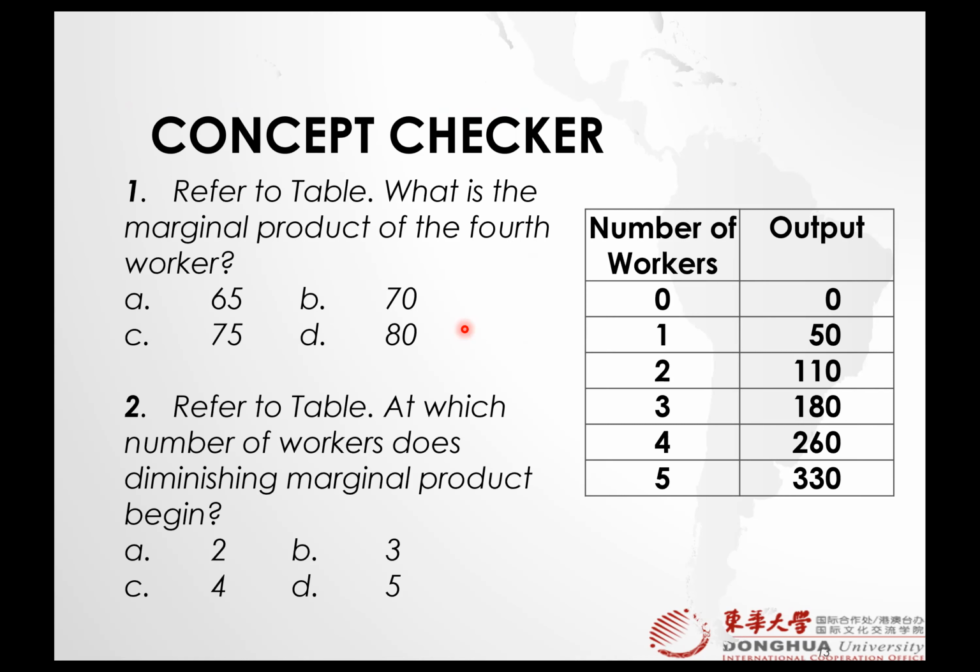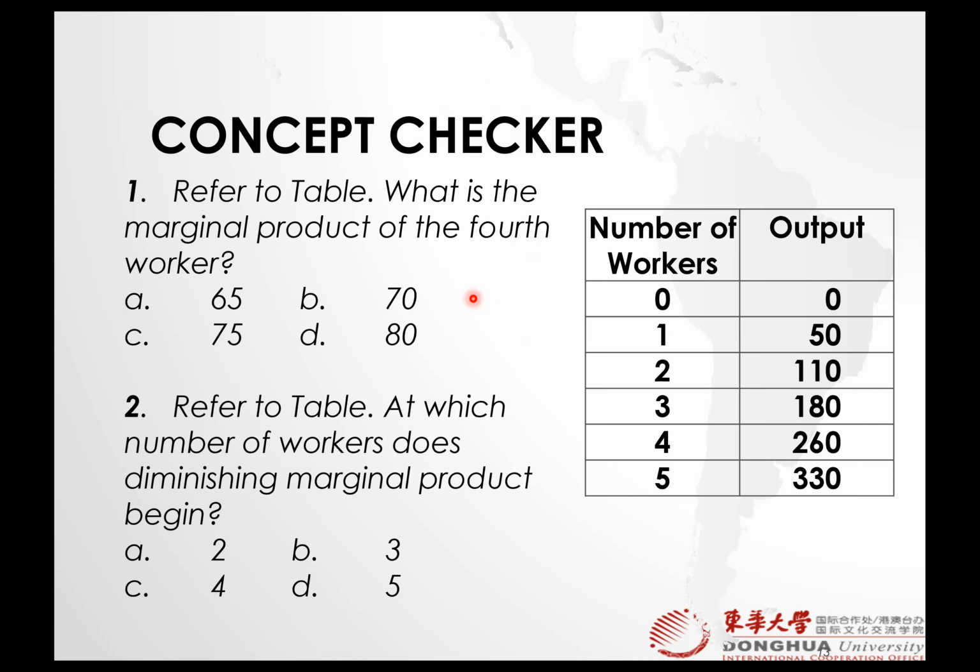So when you add the fourth worker, how much did the third worker contribute? How much is the total productivity when we have three workers? 180, right? See here, 180. Where is my pointer? Okay.